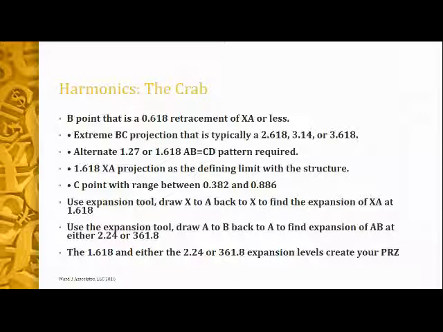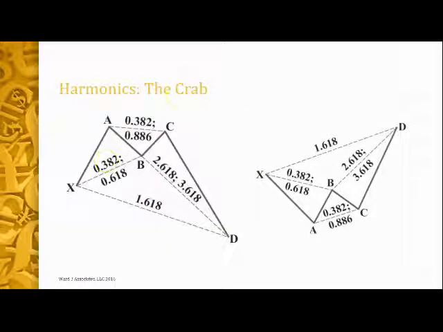That's what you should put your defining D point at, is at the 1.618 ratio of the XA leg. Your C point should range between the 382 and the 886 of the AB leg.